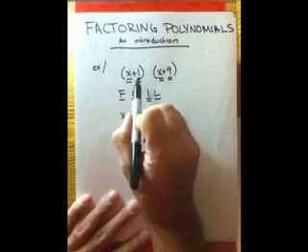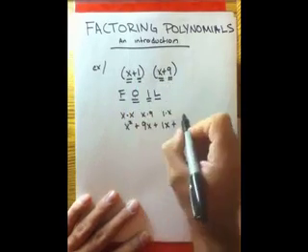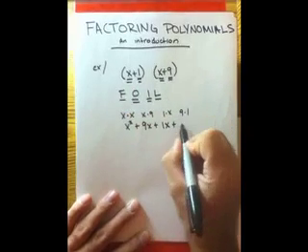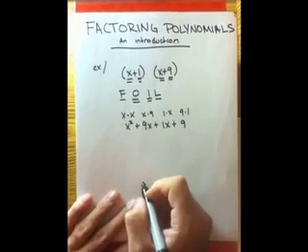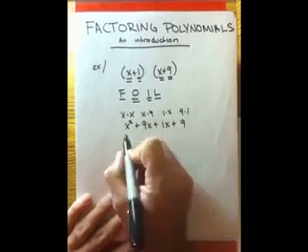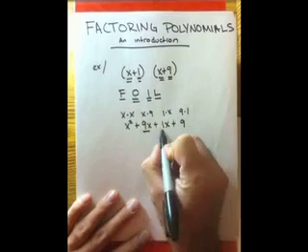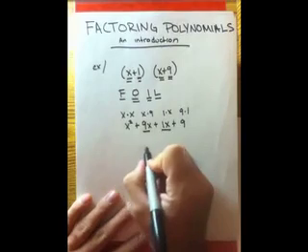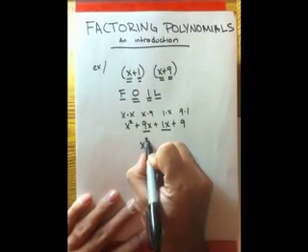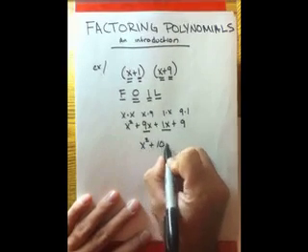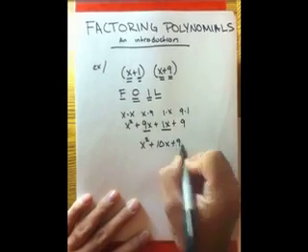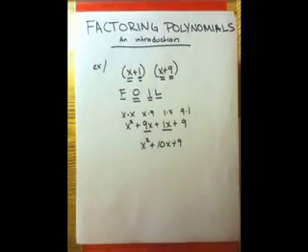And lastly, the last terms, 9 times 1, which would give us 9. Simplifying this down, we see that we have two terms that are alike, 9x and 1x. So we get x squared plus 10x plus 9 as our answer.